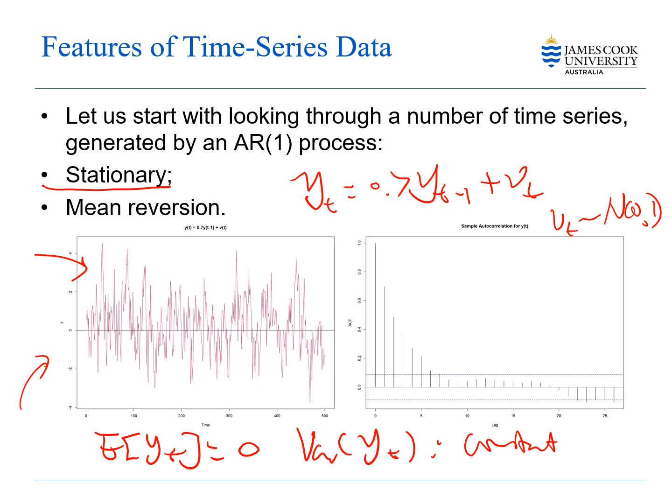In addition, the covariance of yt and, let's say, yt minus s will only depend on how far away from t to t minus s, the time length, or the s. So it depends on s.